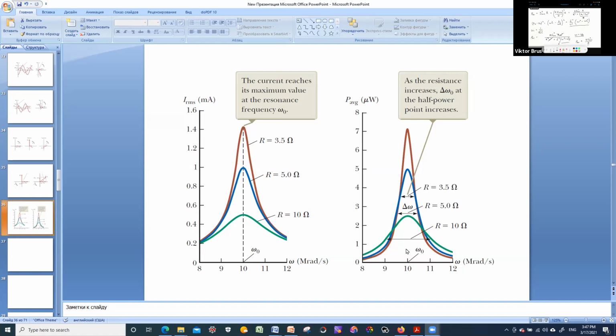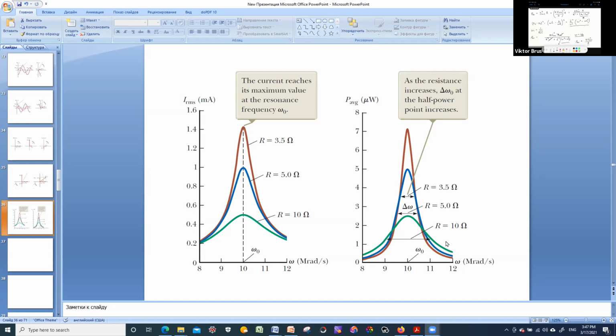It's not only that the amplitude value changes with change of resistance, but also an important parameter in peak analysis, the half width at the half height of the peak.